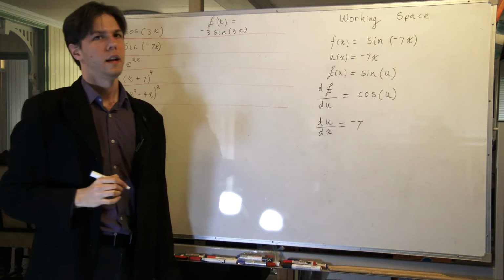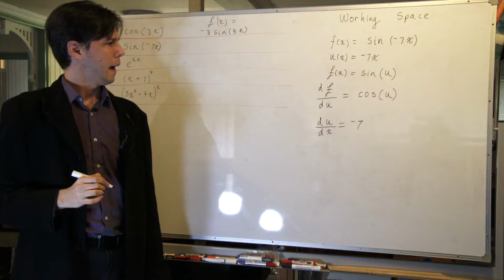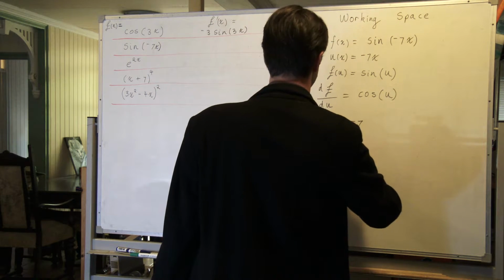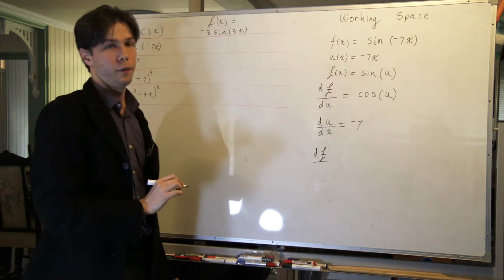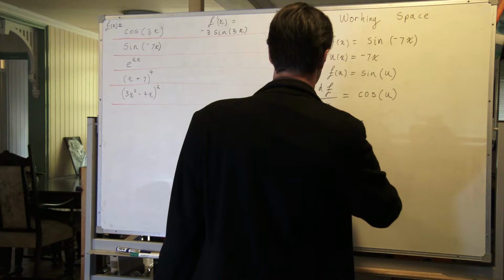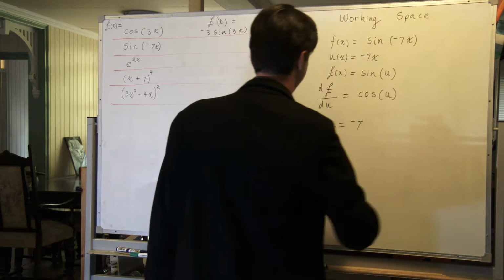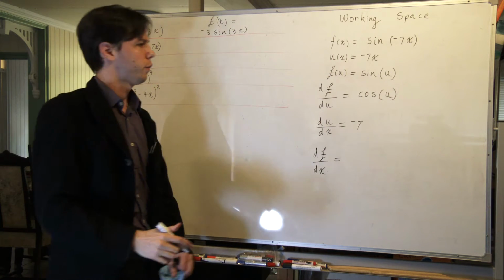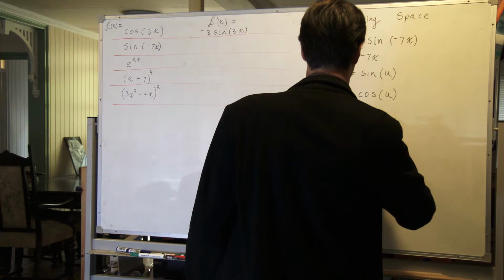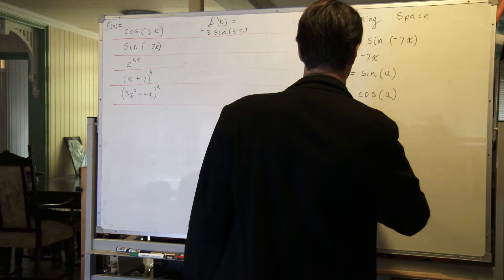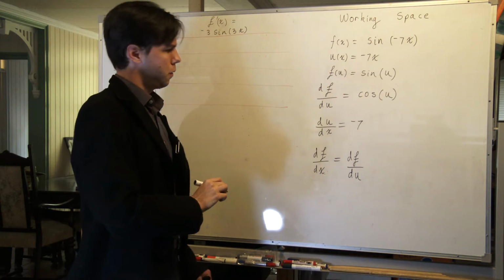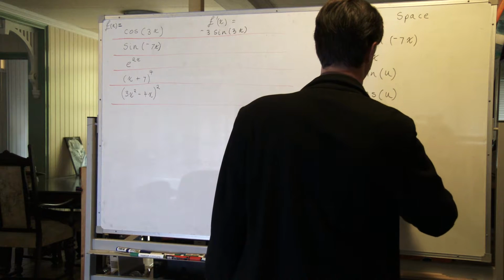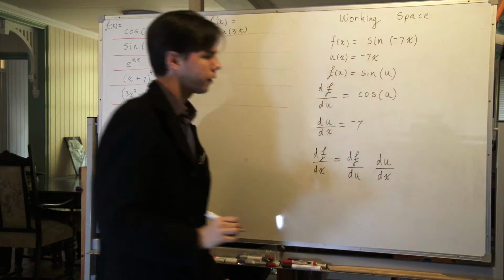Derivative of that is negative 7, and we want to use these things to help us find the derivative of f with respect to x, and the information we found: derivative of f with respect to u, and derivative of u with respect to x.